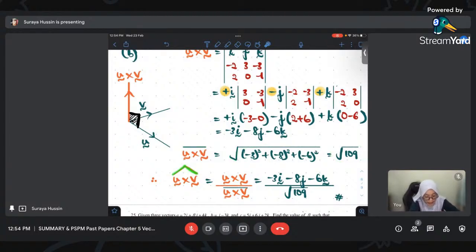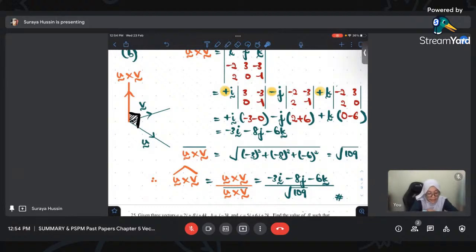And then I put the head to find the unit vector. You faham kan? Unit vector ada formula. Formula dia mesti ada vector, in this case soalan ni U times V vector divide with its magnitude. Mesti bahagi dengan magnitude-nya sendiri. And so, that's it. That's the answer.